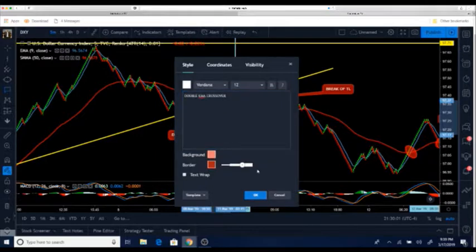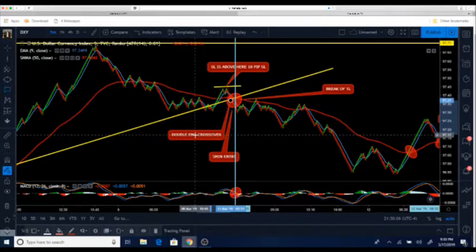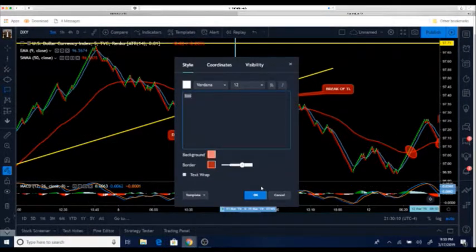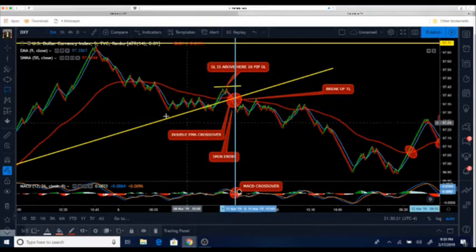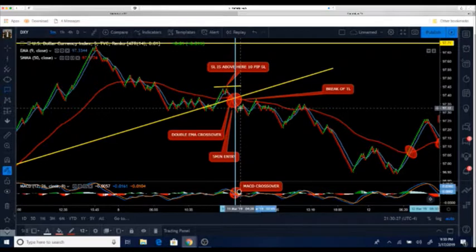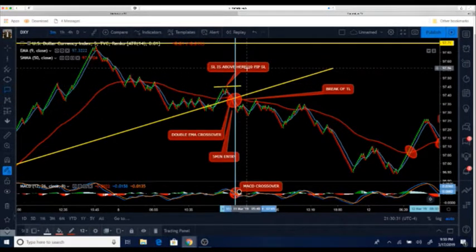So one confirmation, break of trend line; two, EMA crossover; three, MACD crossover. Everything is pointing sell. So if all my indicators and analysis are pointing to a sell, I'm pretty confident to place my sell. I got a tight stop loss. Look at that, 10 pips.